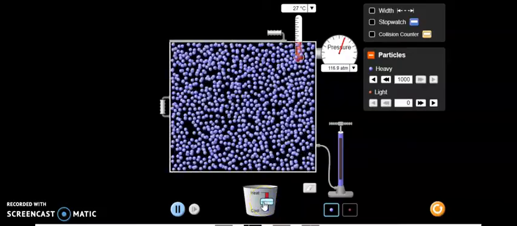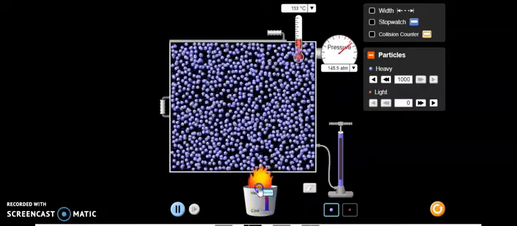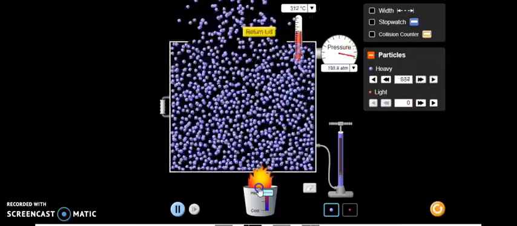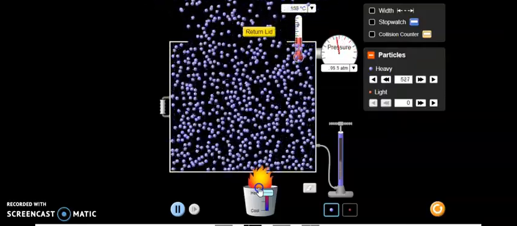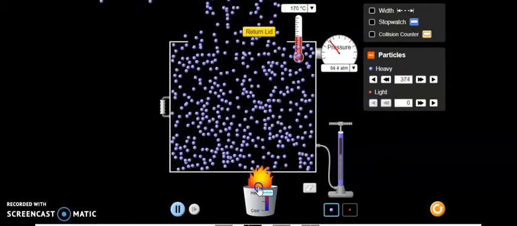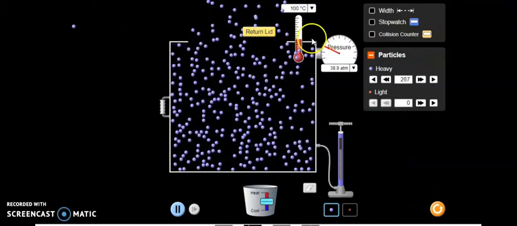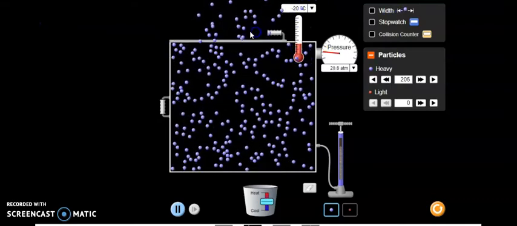If we put in more thermal energy, you can see the expansion of the molecules, the particles of the air. You can see how they break apart.